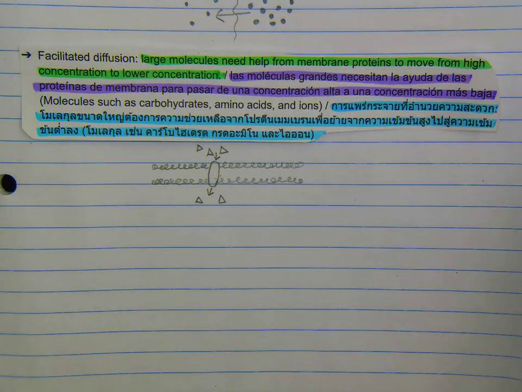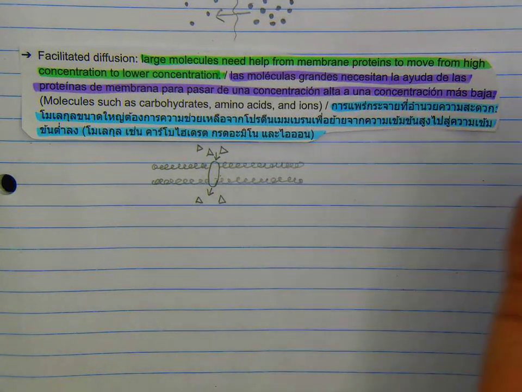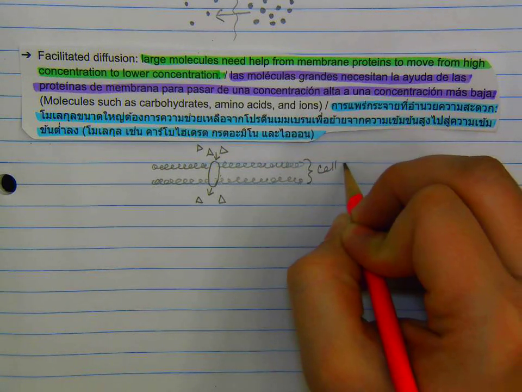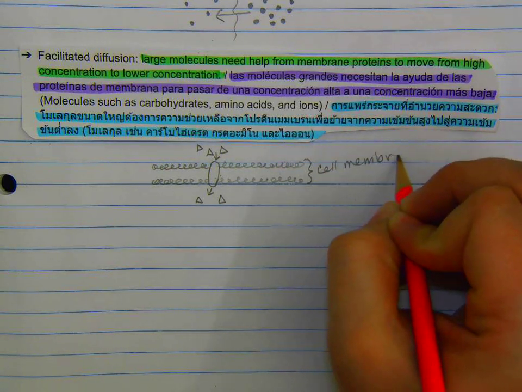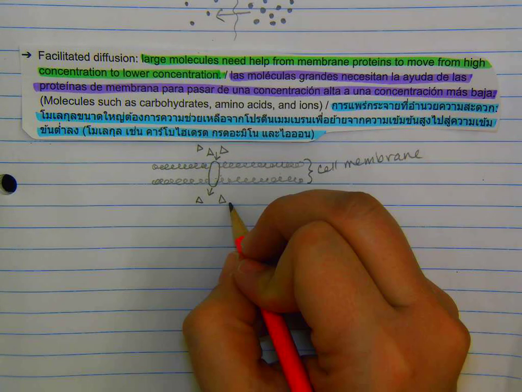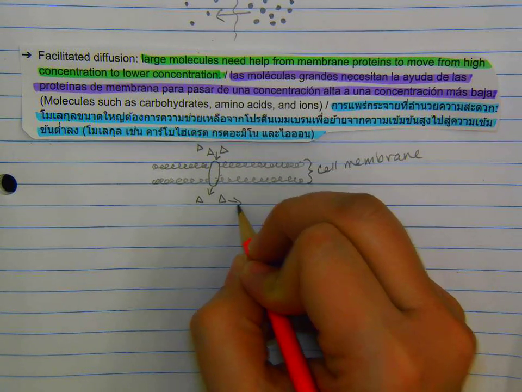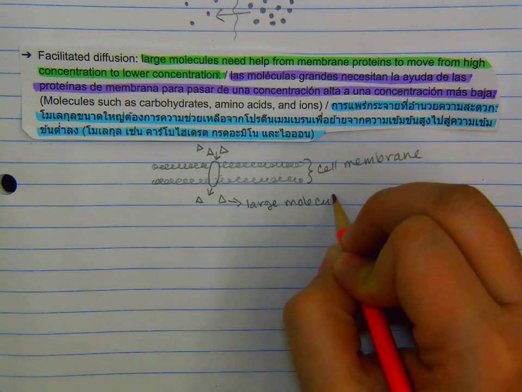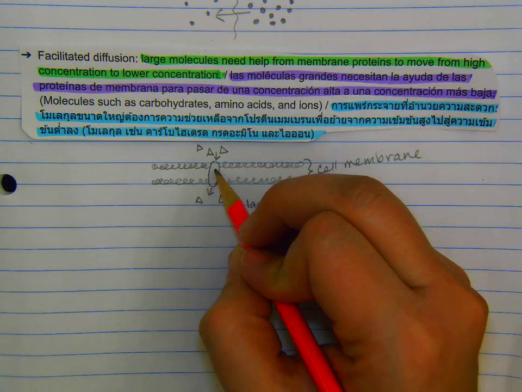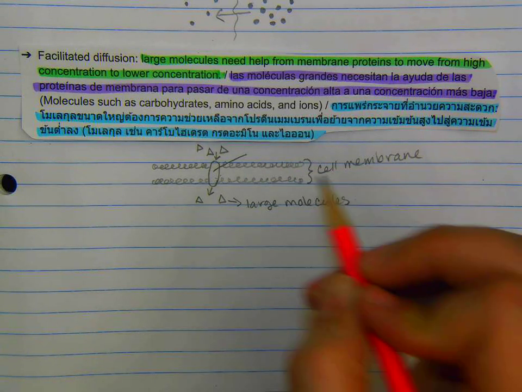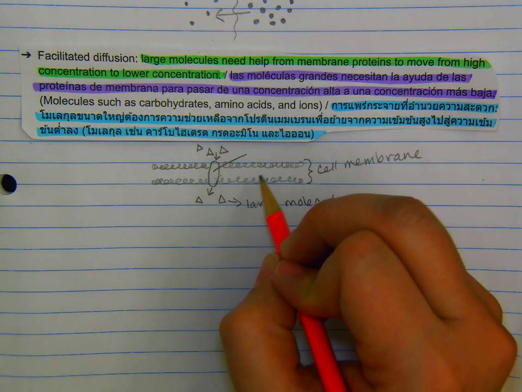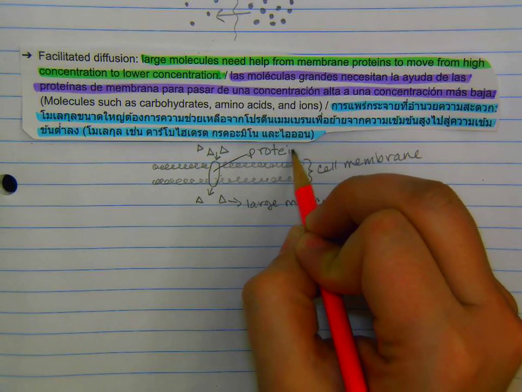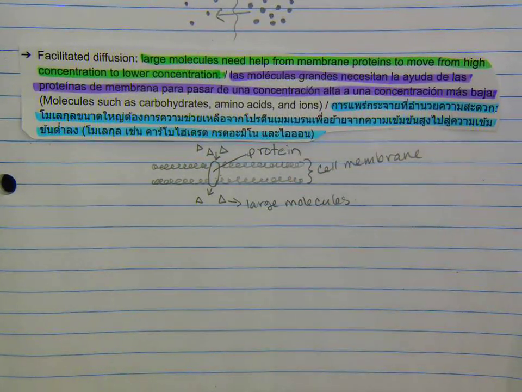This is facilitated diffusion. So we have our cell membrane. We have large molecules. And we have a protein helping the movement happen.